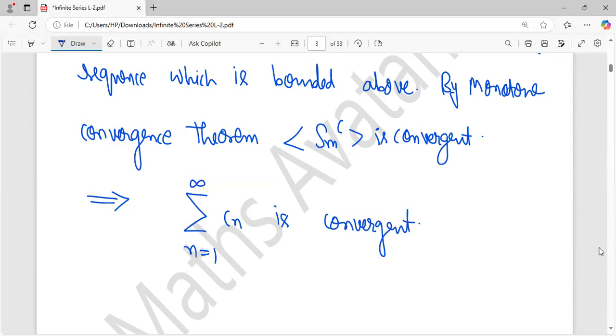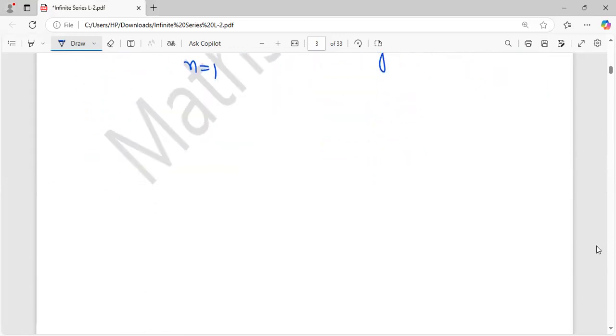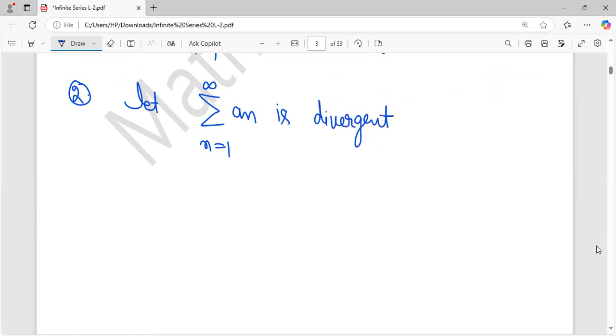Now second one, let this series summation n goes to 1 to infinity an be divergent. Okay, so divergent.